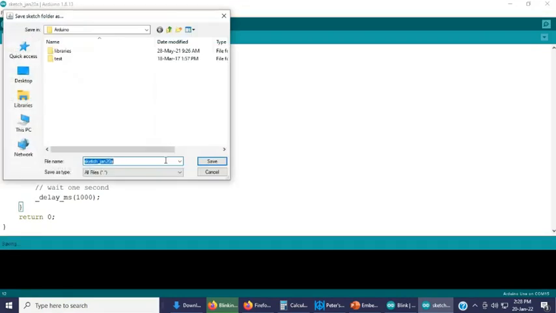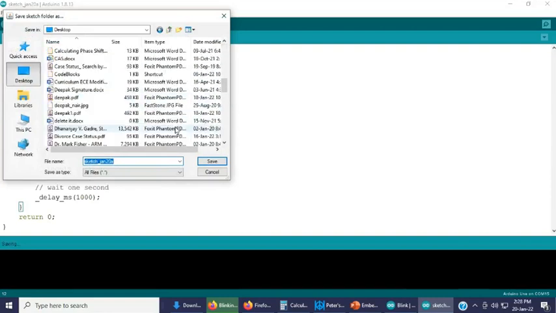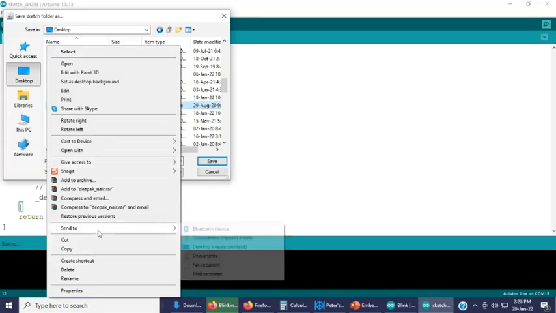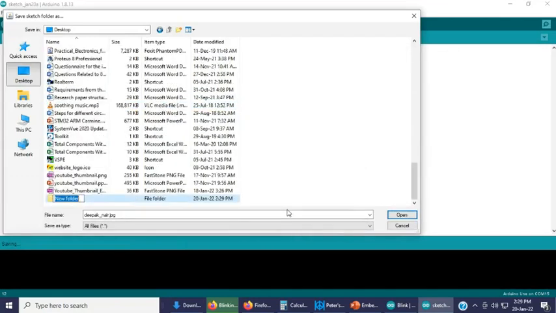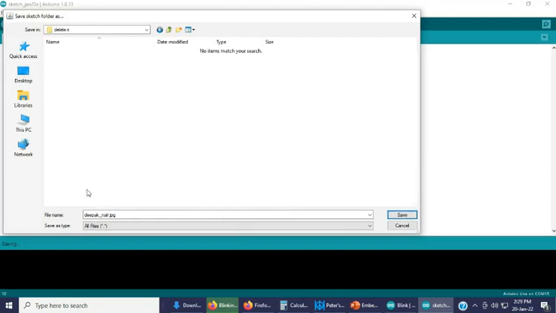Okay. Now let us compile this software. Okay, desktop. I will just make one folder. Just give me a second. New folder. Okay, test.